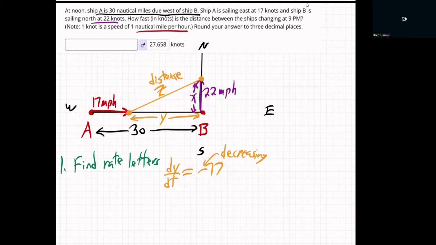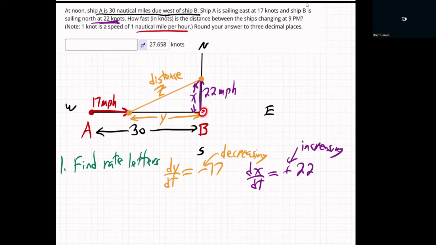And then X, they speak of X as well, the other rate, 22 knots, dx/dt is growing, increasing, right? What is X?